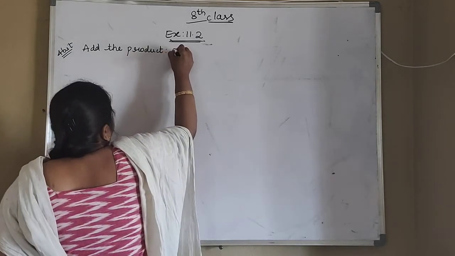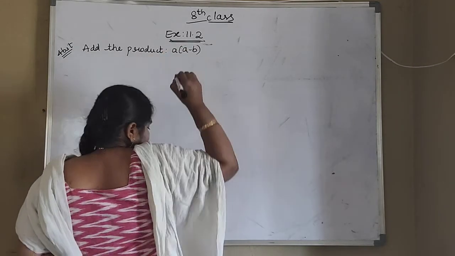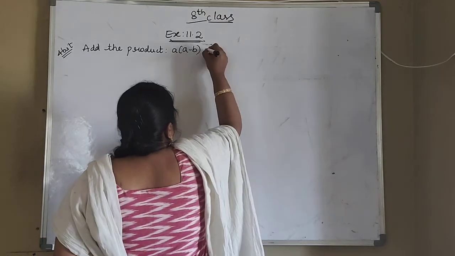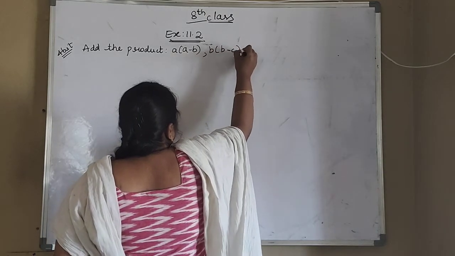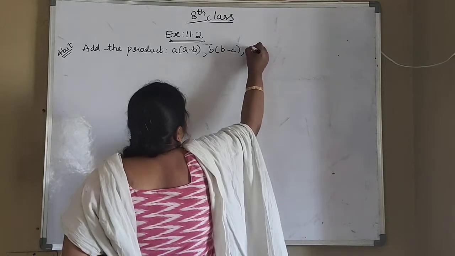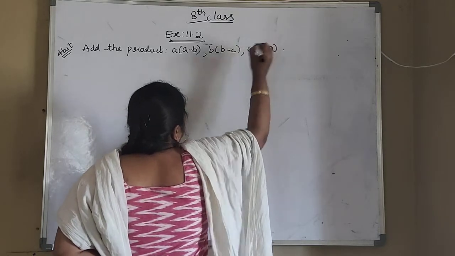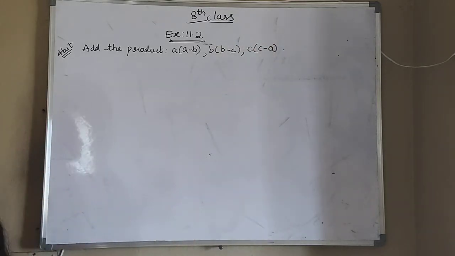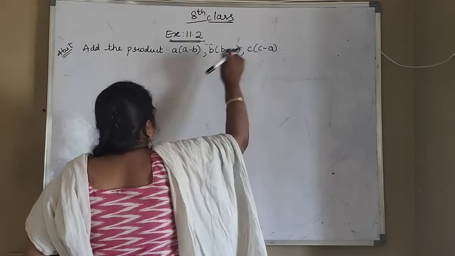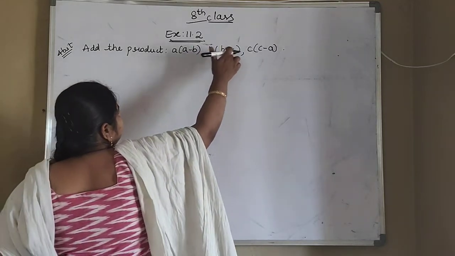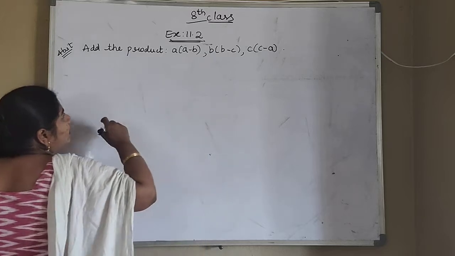That is a into a minus b, b into b minus c, and c into c minus a. First we have to add all these products. Add means in place of the commas you have to keep a plus.